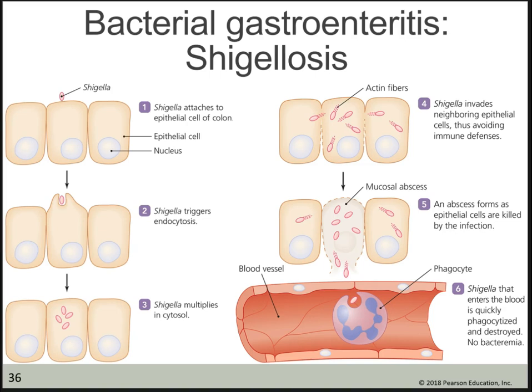But bacteria that are able to cross that intestinal barrier are able to get to those blood vessels and create septicemia. Shigella, though, is destroyed by phagocytes, so no septicemia is formed. This is really good for us because we're able to stop Shigella infections in the intestine.